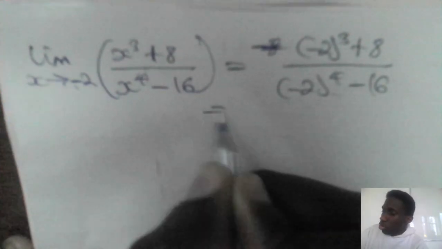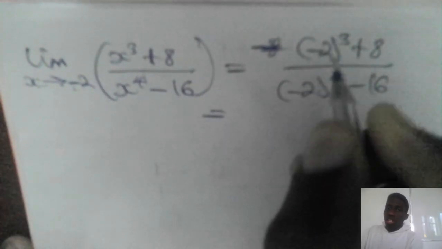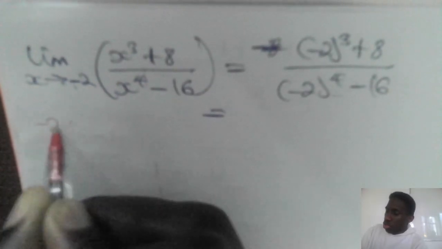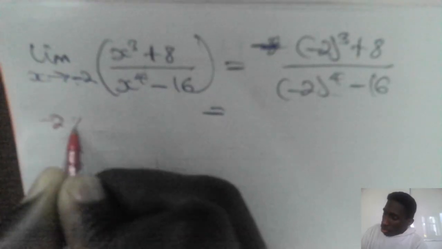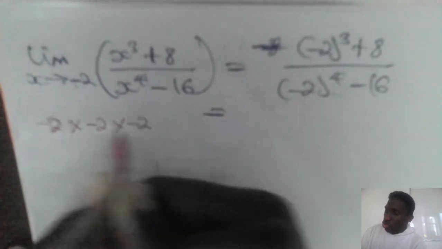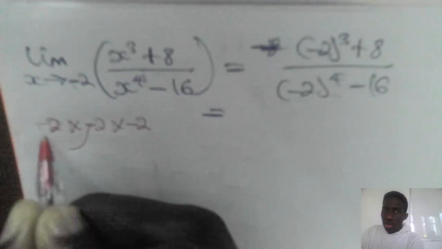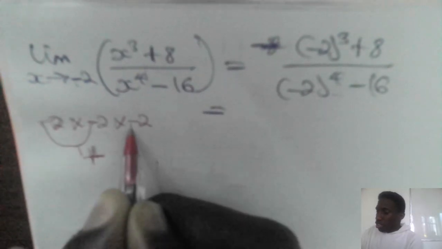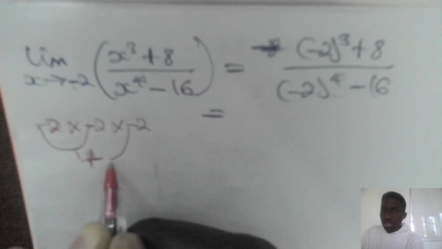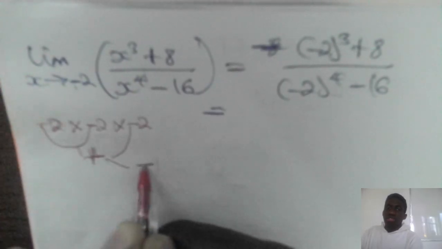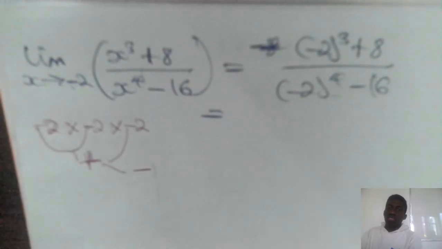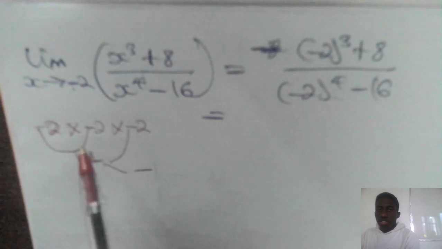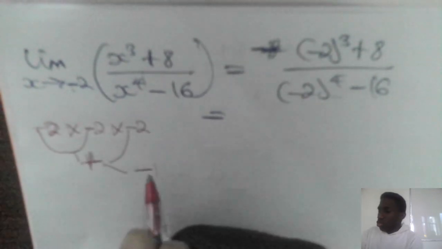So what we're ending up with here is minus 2 all cubed. That's minus 2 times minus 2 times minus 2. Minus times minus is plus, but multiplied by the other minus gives you a minus. So 3 minuses give you a minus, and minus 2 all cubed is minus 8.